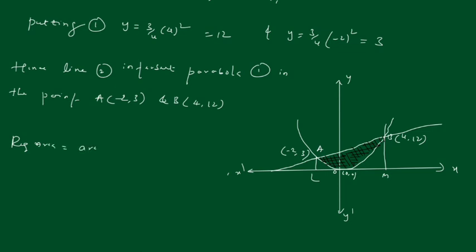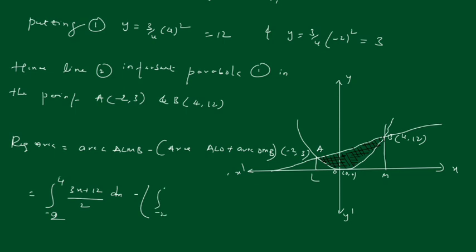Required area is area ALMB minus area ALO plus area OMB, right? So integration from minus 2 to 4 of 3x plus 12 by 2, that is the y value, y dx, minus integration from minus 2 to 0 of 3 by 4 x square dx plus 0 to 4 of 3 by 4 x square dx.